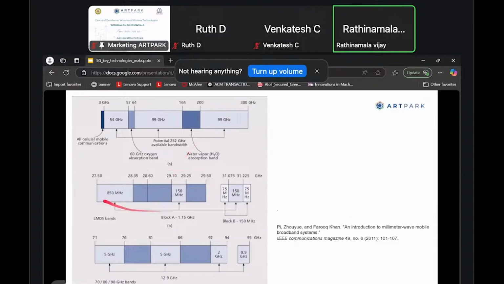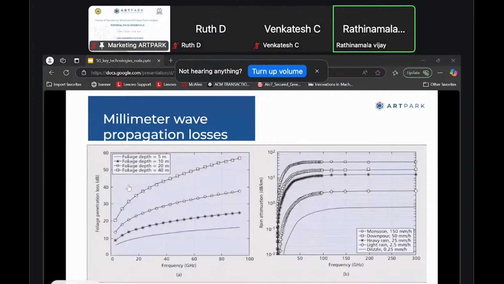The 28 gigahertz band is more favorable and more commonly used, and in further slides we will see why that is the case. Also, 70 to 94 gigahertz is quite widely used. But using these higher frequencies comes with its own disadvantages, such as propagation losses under rainy conditions and scenarios of large foliage depth.